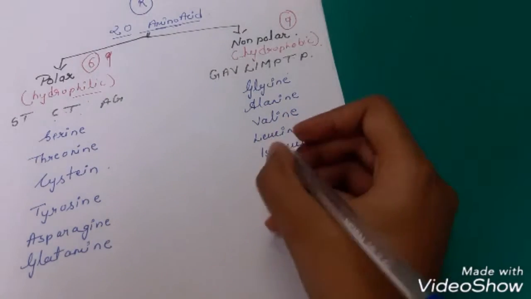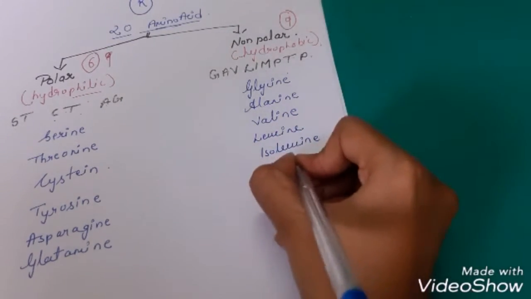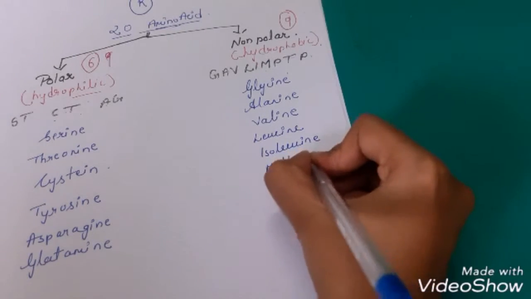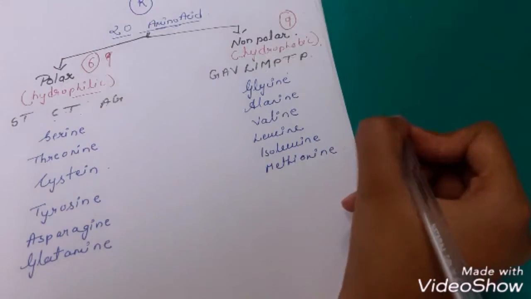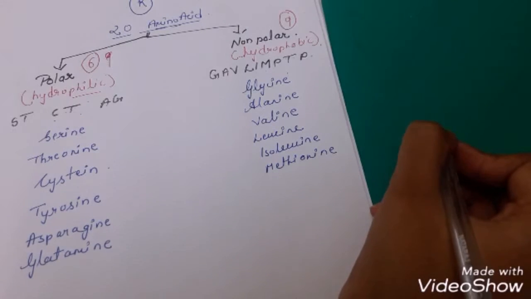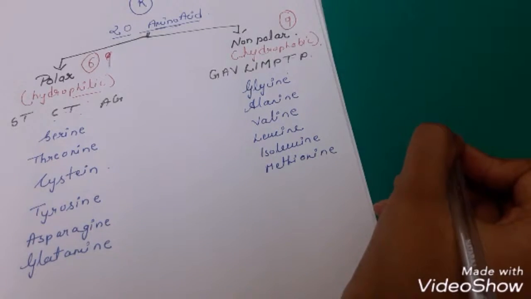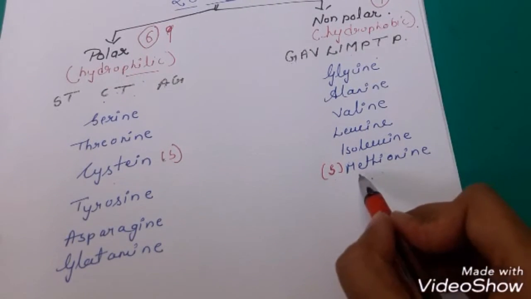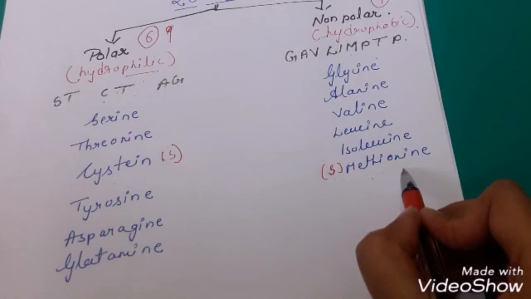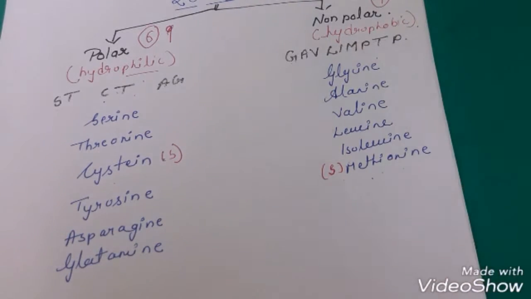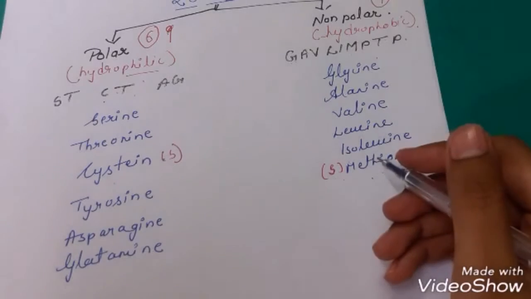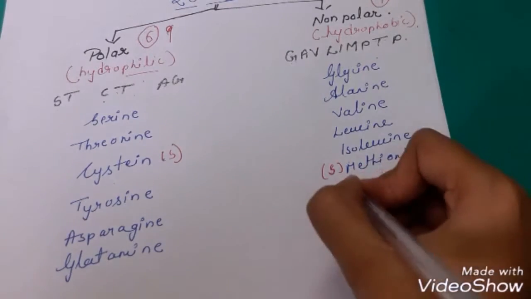Next one is methionine. Methionine is also an amino acid which has a sulfur group. The important point is that methionine is a sulfur group donor, so remember it. And the next one is phenylalanine.